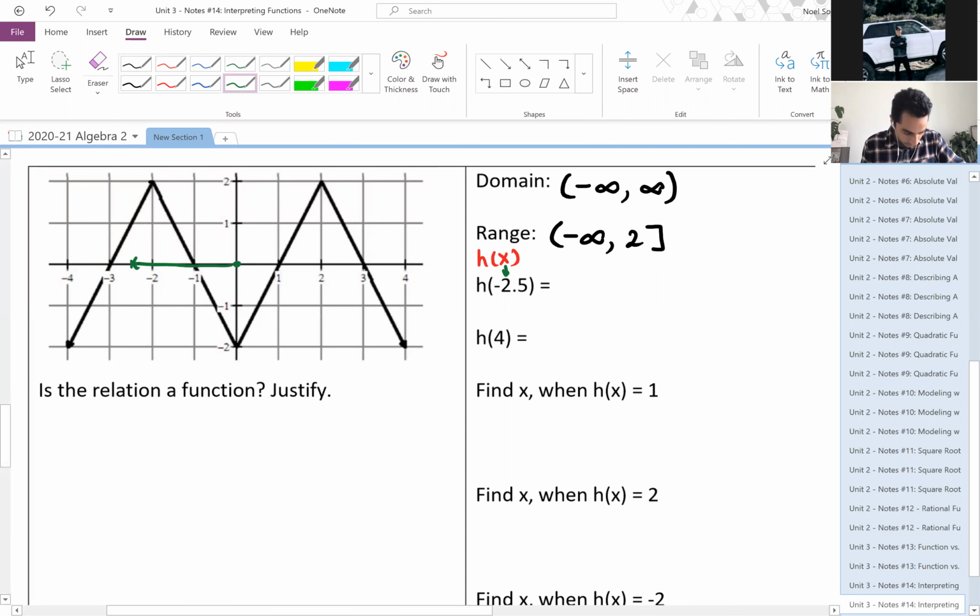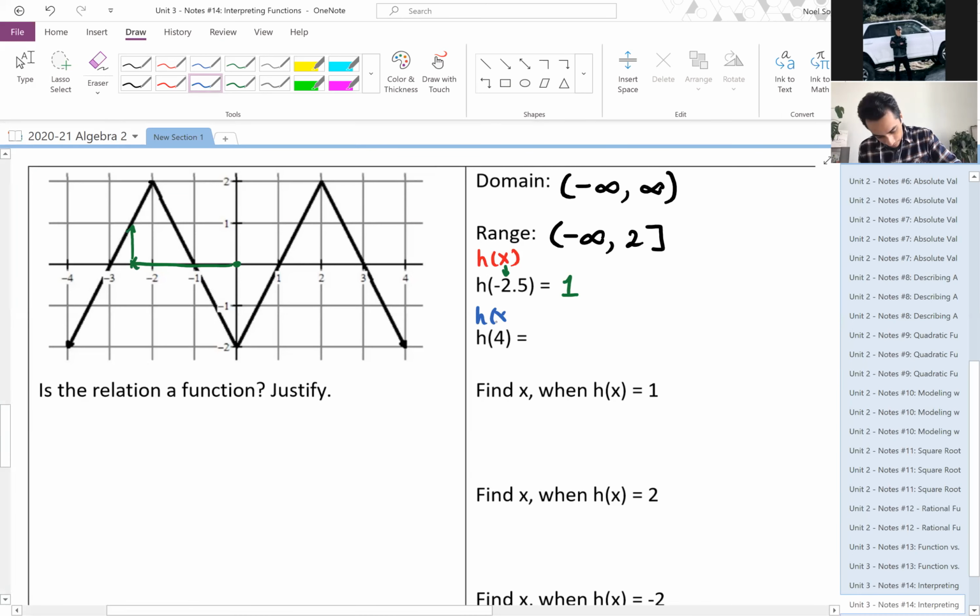So we get there, and which direction do I need to go, up or down, to meet the graph? Yeah, let's go up. So what is the output when x is negative 2.5? Yeah, it's going to be positive 1.